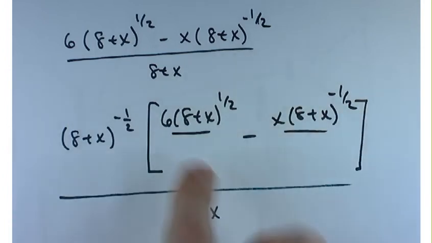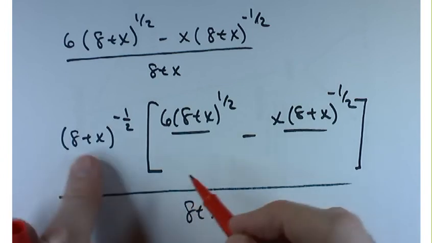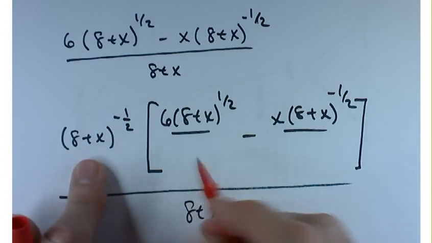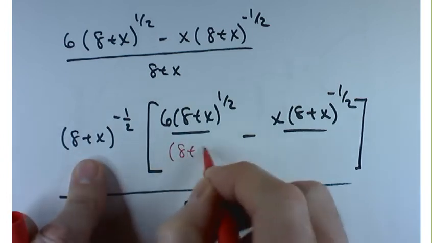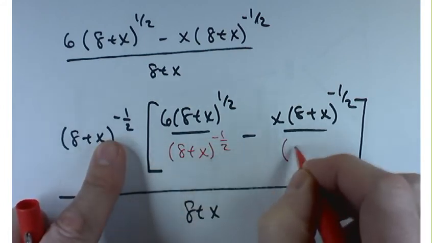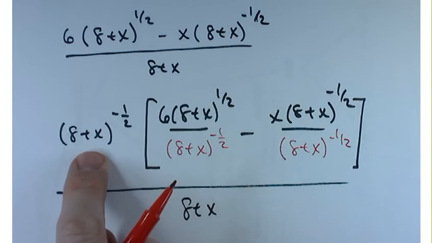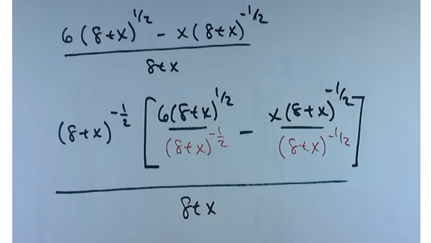What's going to go in the denominator of this? Eight plus x to the negative 1/2. And 8 plus x to the negative 1/2. That term is what I factored out, so that term has to divide each of those terms in the parenthesis there, or in the brackets.